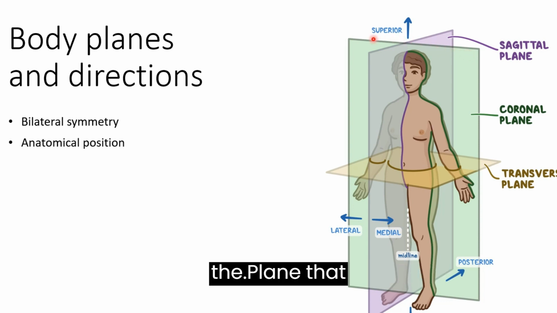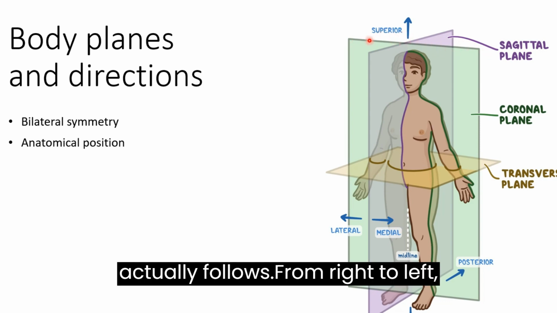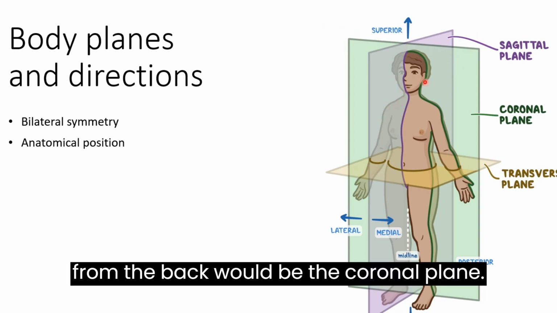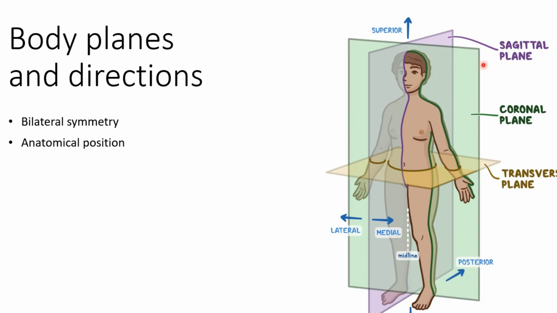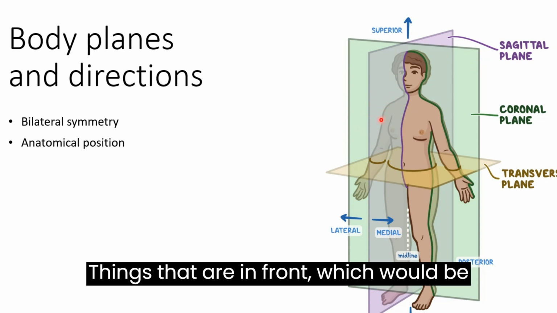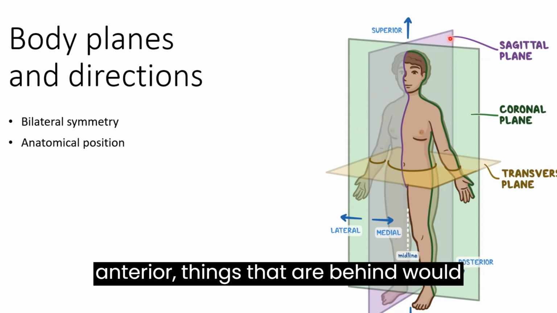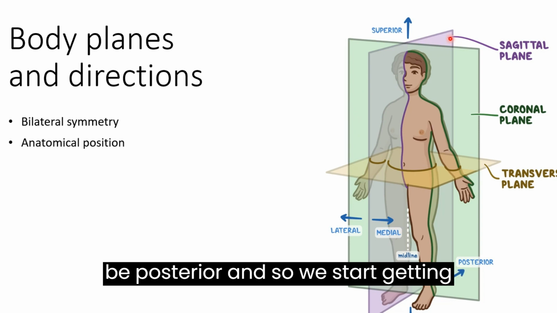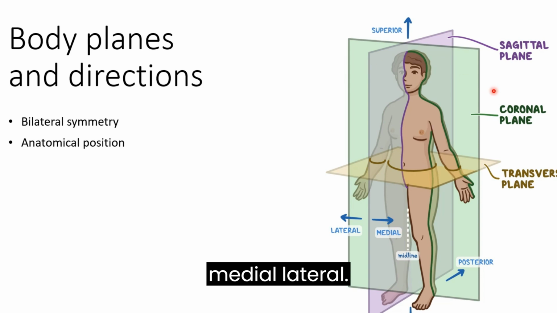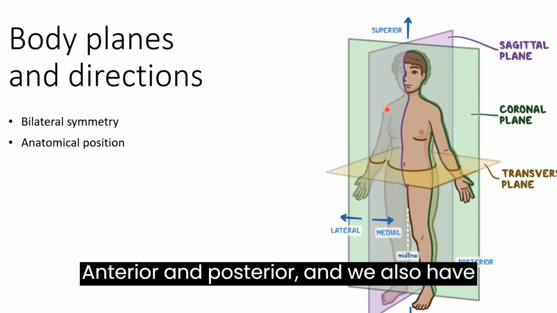So the plane that actually follows from right to left across the body, separating the front from the back, would be the coronal plane. And the coronal plane separates things that are in front, which would be anterior, from things that are behind, which would be posterior. And so we start getting some direction of the body. So we have medial, lateral, anterior, and posterior.